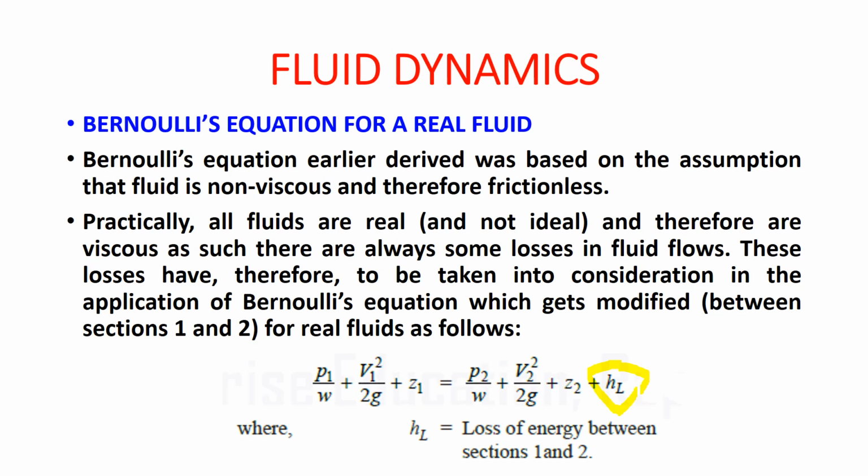This HL is the head loss due to friction, and it is added. Whenever we write Bernoulli's equation for a real fluid, the whole equation comes into existence. For an ideal fluid, the equation goes only up to Z2. This is the difference between Bernoulli's equation for an ideal fluid and for a real fluid.